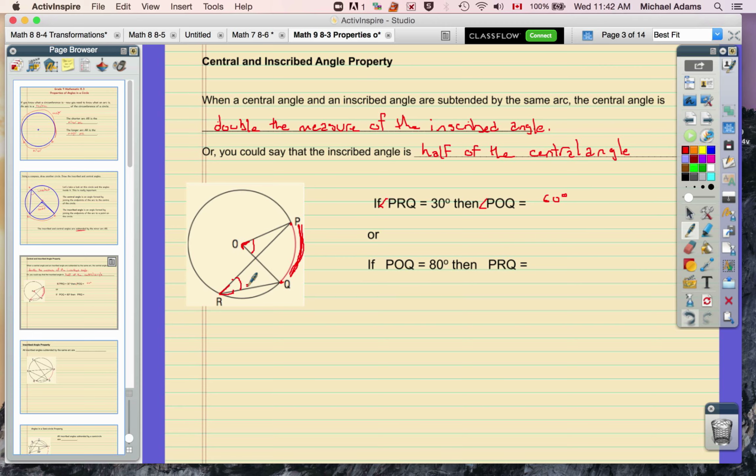If in this situation the central angle is, let's say, 80 degrees, then the inscribed angle is going to be 40 degrees. That's the relationship. The inscribed angle will always be half of the central angle, and the central angle will always be double the inscribed angle. So that's an important relationship to understand.